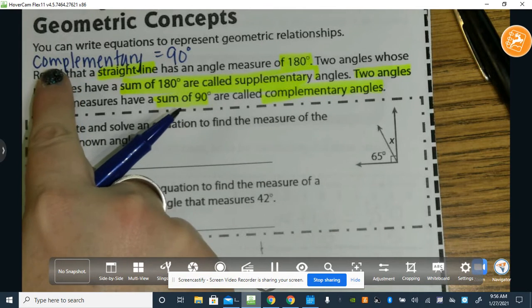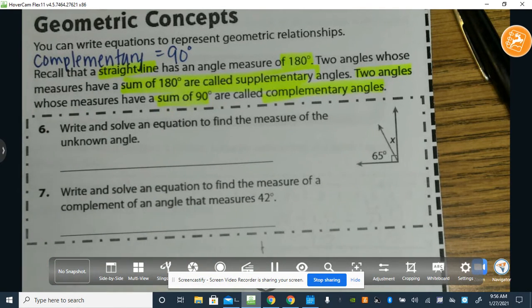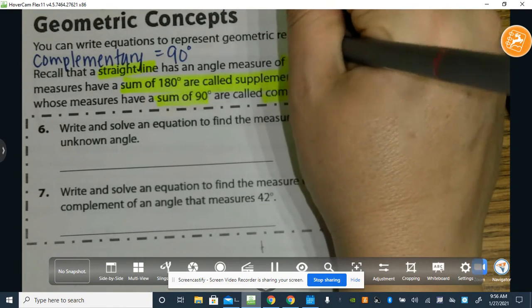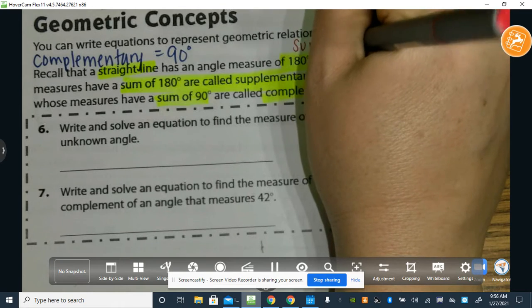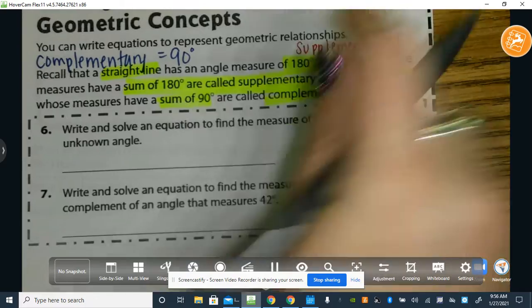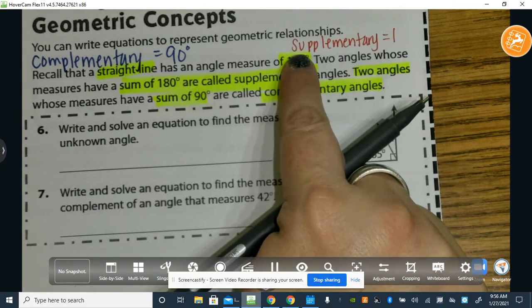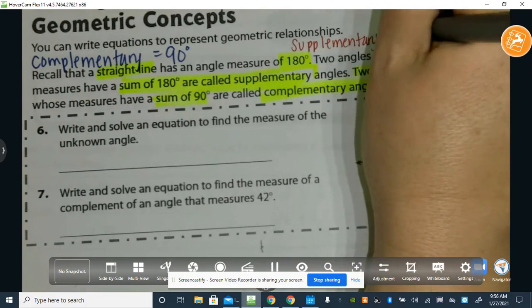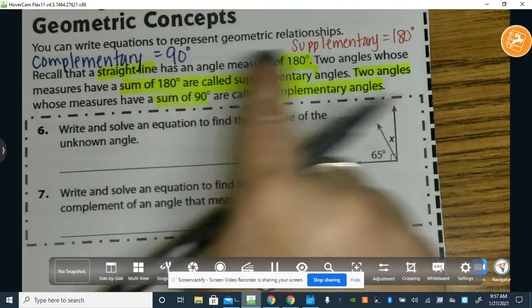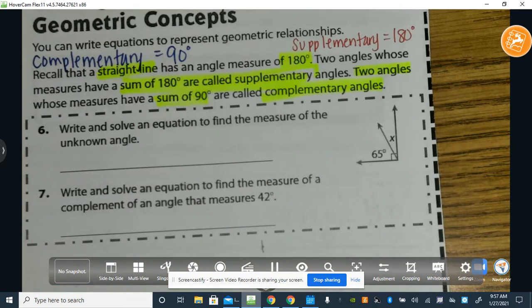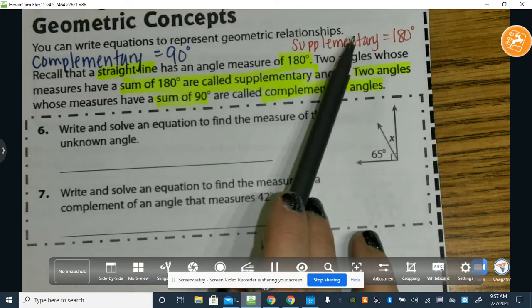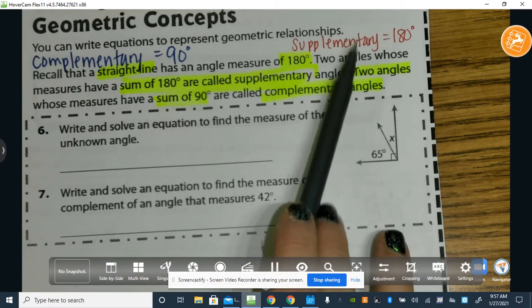So complementary. My next one I'm going to write is supplementary. And that comes after C in the alphabet, and 180 comes after 90 on a number line. If you think of it, also, supplementary has more letters in it than complementary, so supplementary will always be more.